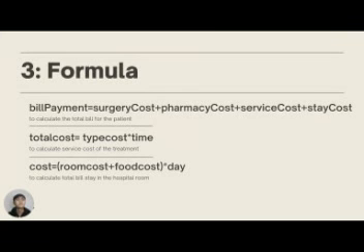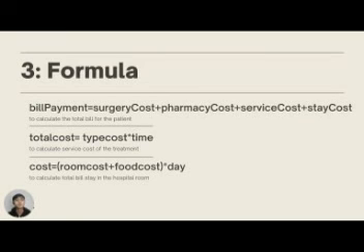For the formula to calculate the total bill of the payment that the patient should pay to the hospital, bill payment is equal to surgery cost plus pharmacy cost plus service cost plus stay cost. If the patient does not get any surgery, the surgery cost is automatically zero, and the same goes for the others.